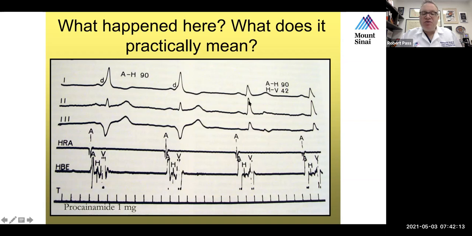But on these beats, we see clearly that the V is now starting quite a bit later relative to the His than it was in the pre-excited beat. So we basically go from an HV of 0 to an HV of 42 milliseconds. Another intracardiac proof that the pathway is no longer conducted.